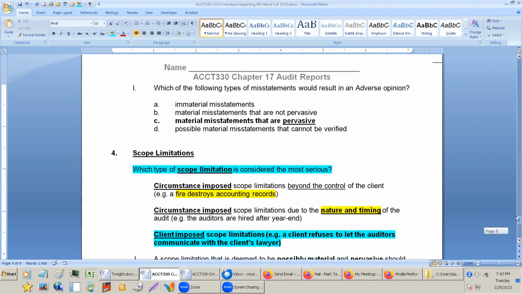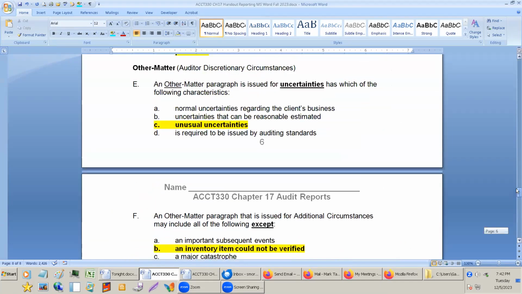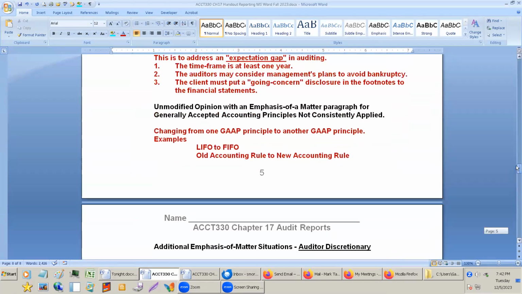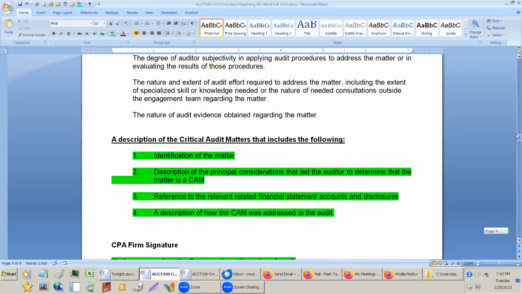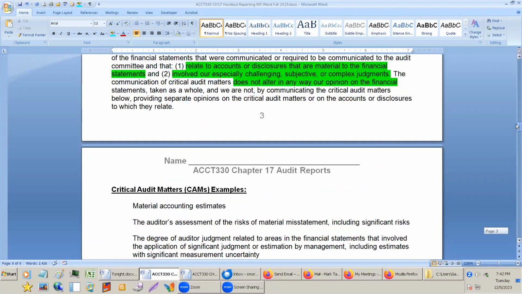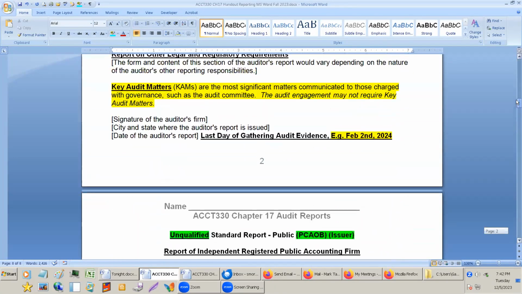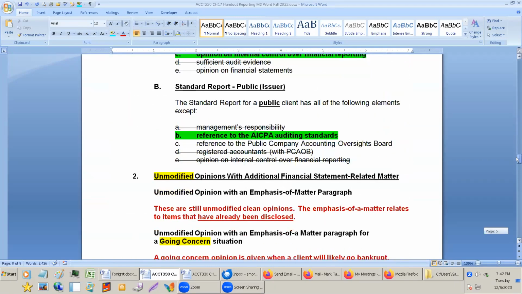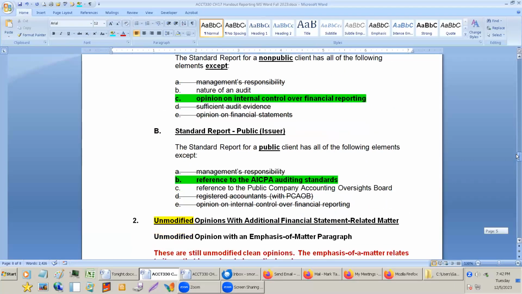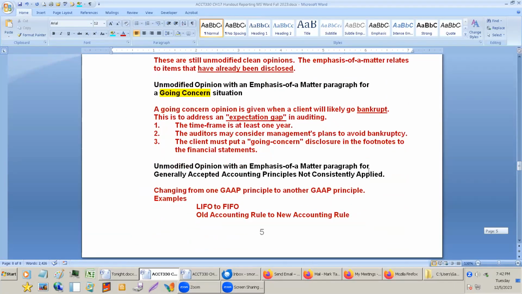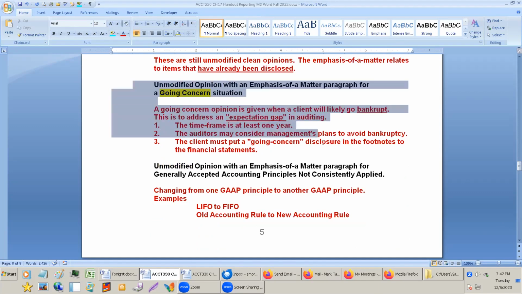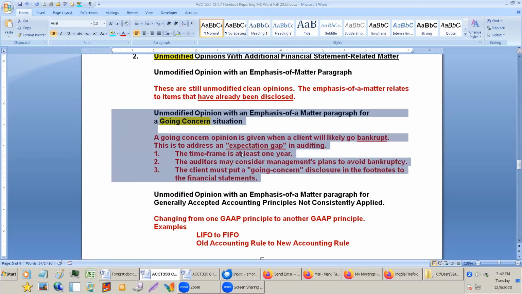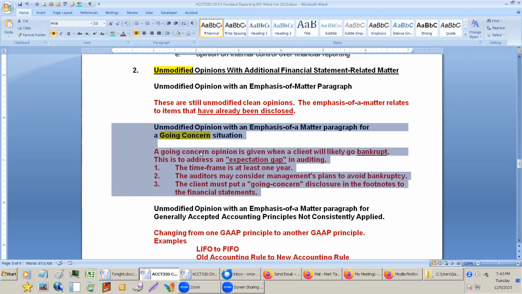Okay, so on the test, I'll have some stuff, probably mostly multiple choice for the internal control. I'm definitely going to put a going concern problem on there. So there'll be a going concern one where you have to know, and these are really big nowadays.